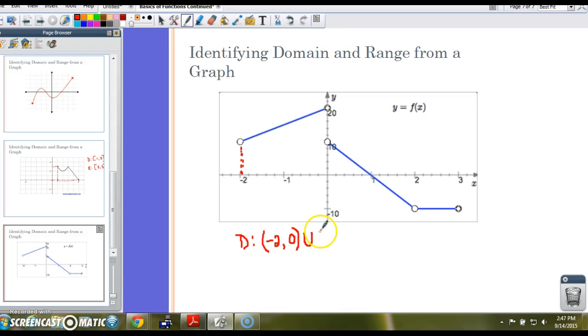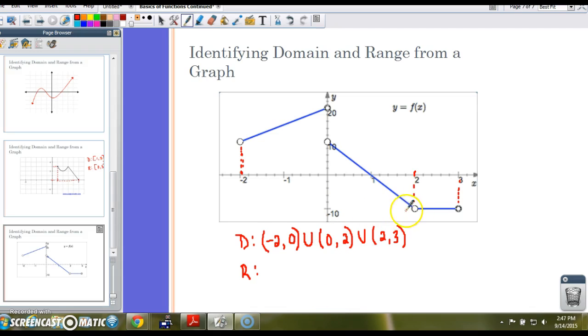So now I say, okay, well, now I have 0 all the way up to 2 because there I also have an open circle. And then I'm going to say, well, now I go from 2 all the way up to 3 where I have another open circle. So that's how you would write out the domain for this particular graph. Because of the holes in the graph, you have to account for those in your domain.